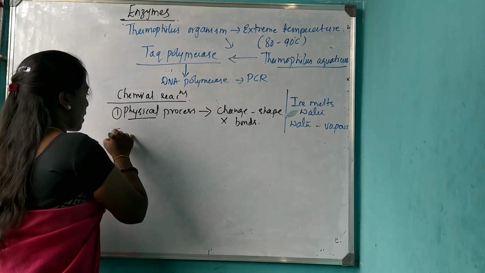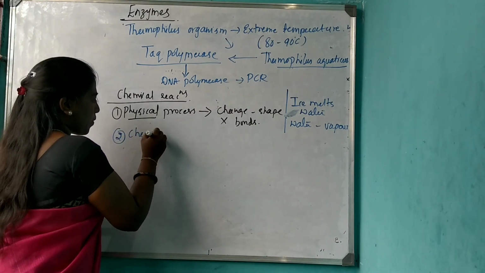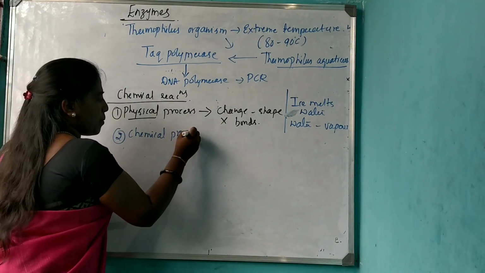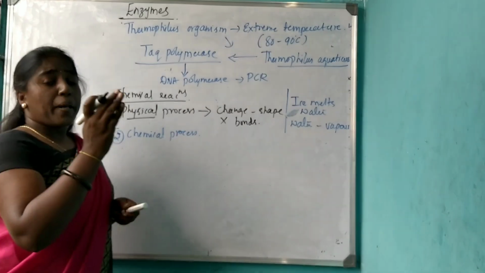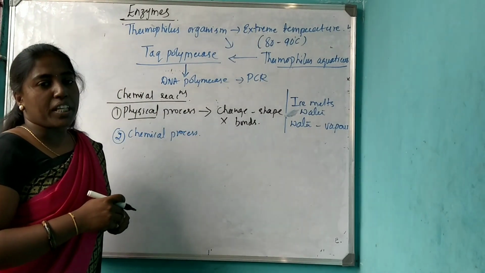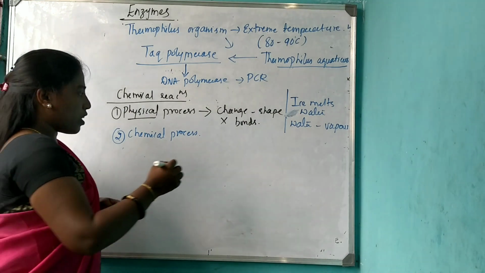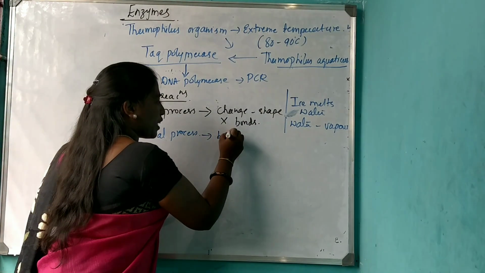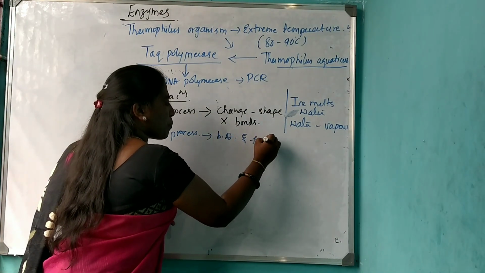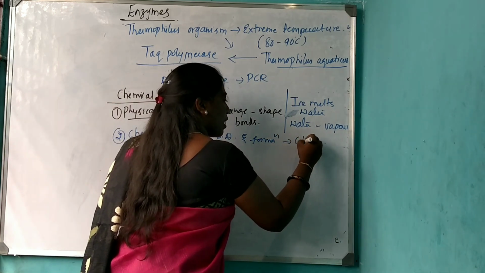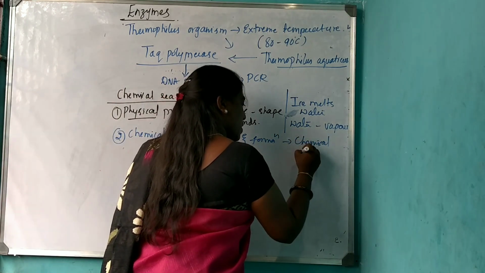The second one is the chemical process, where there is a breakdown and formation of chemical bonds. So here, breakdown and formation of chemical bonds takes place.